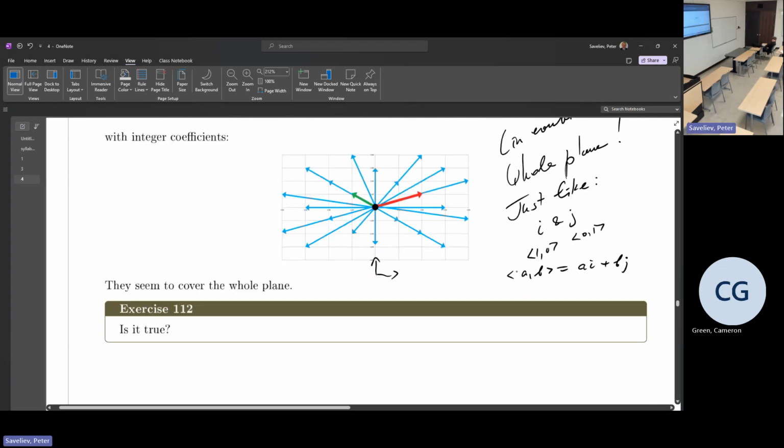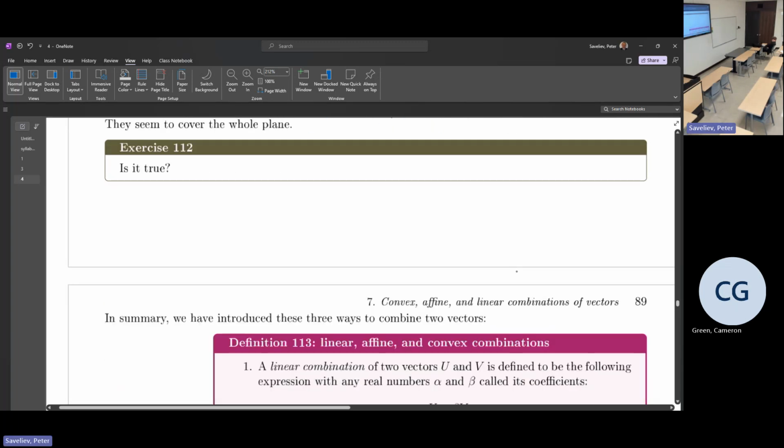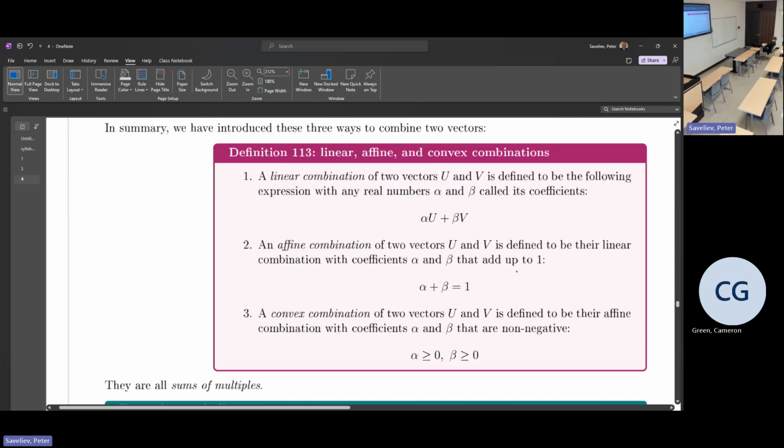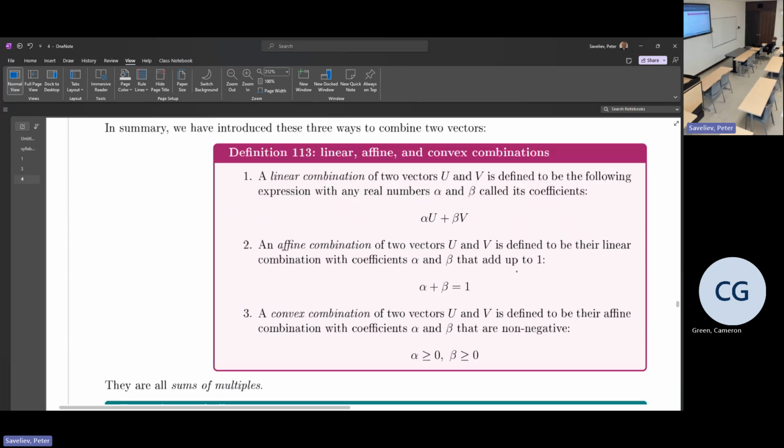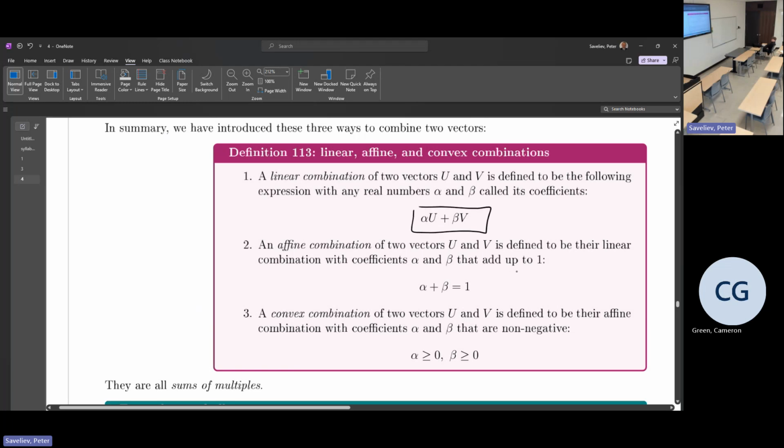Okay, so that's the good news, and just in case, these are the formal definitions. Going backwards, a linear combination is any sum of multiples of the two vectors: alpha u plus beta v. That applies with no restrictions on alpha and beta.